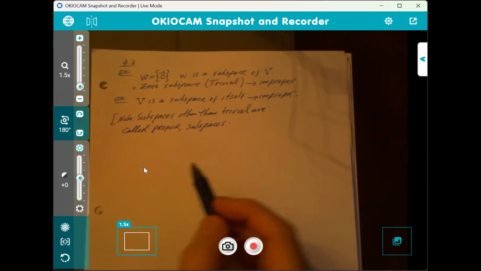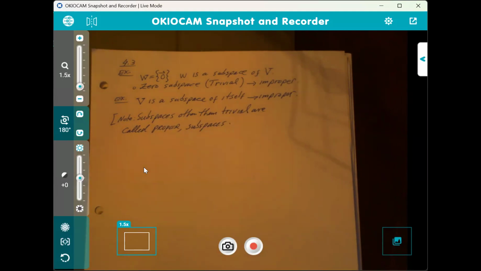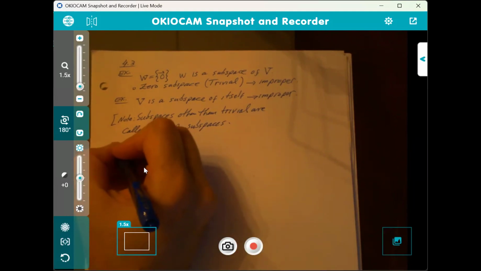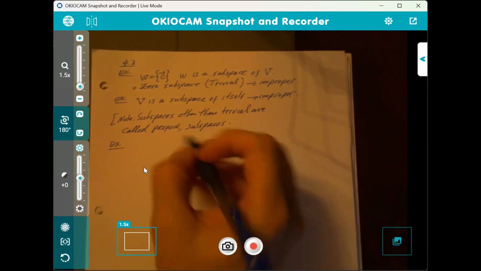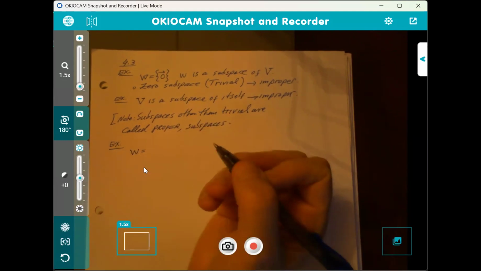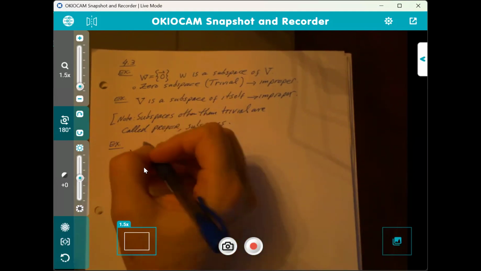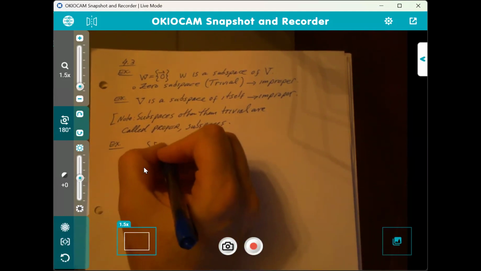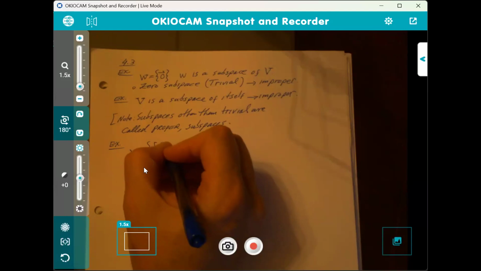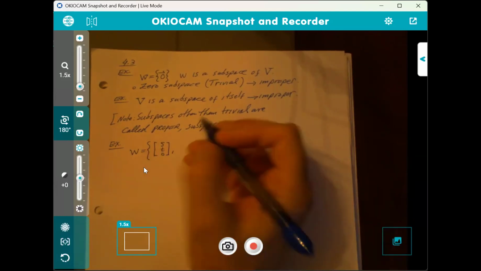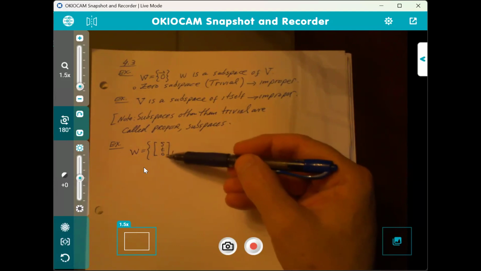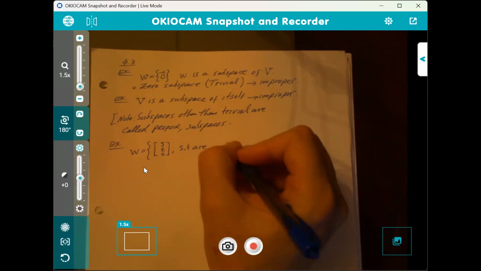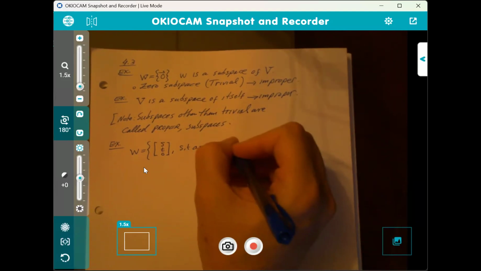All right. So we're going to actually see some examples here. And again, if you have any question about these examples, folks, please ask. Let's begin with this example. We're going to see a bunch of them. So for this example, I made up W. W is the set of all vectors that are in this form, (s, t, 0). Notice this is like a custom-made vector, where s and t are real numbers, any number you want them to be.